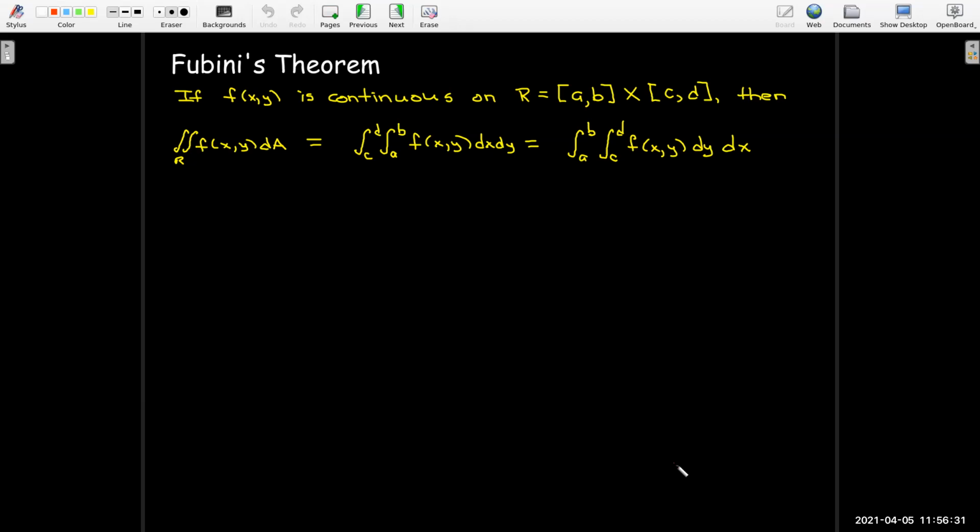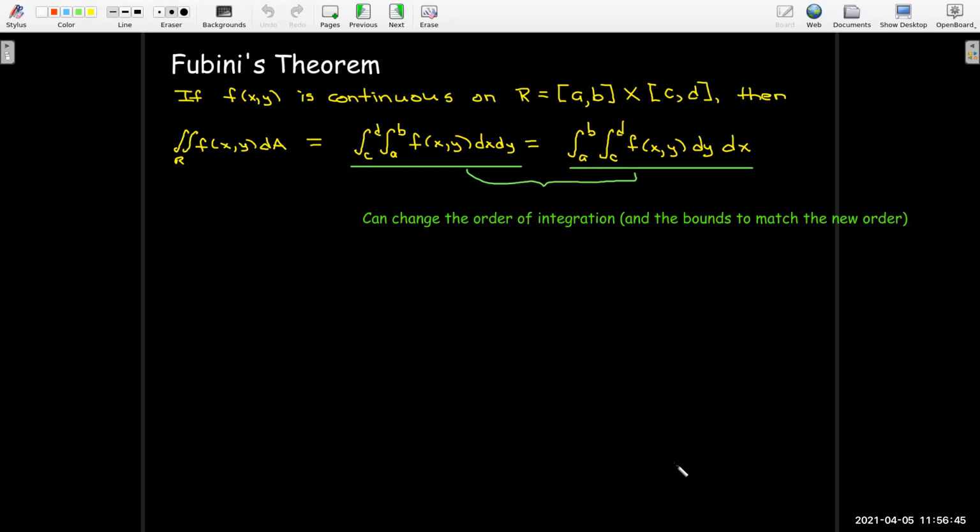So we can integrate with either order, either dx dy or dy dx. We just have to make sure that we line up our bounds with the appropriate order of integration.